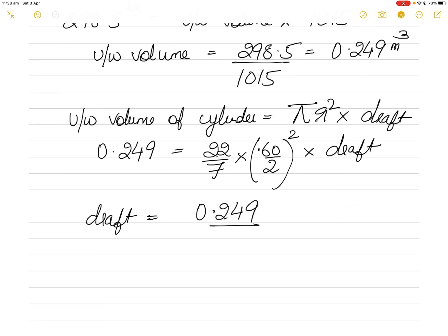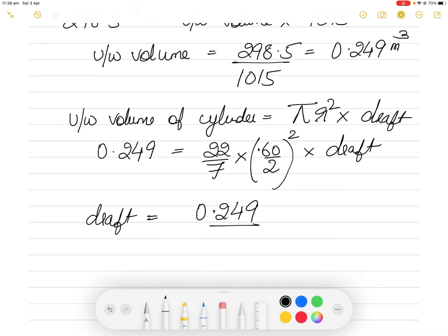0.249. Just let me see if I have got the calculations all correct. I have got 298.5 divided by 1015, which is equal to 0.294. So this is 0.294, so not 0.249. All right. So just in case you guys are getting confused, 0.294. Sometimes I do mix up the numbers.